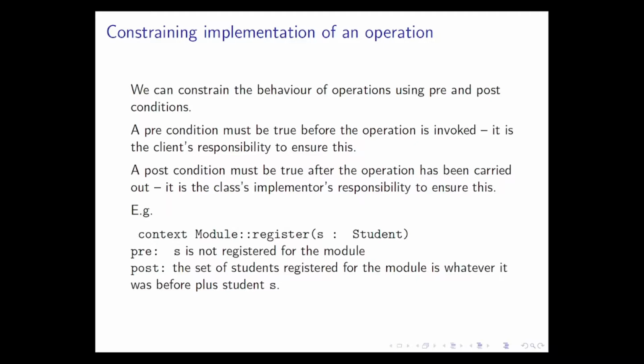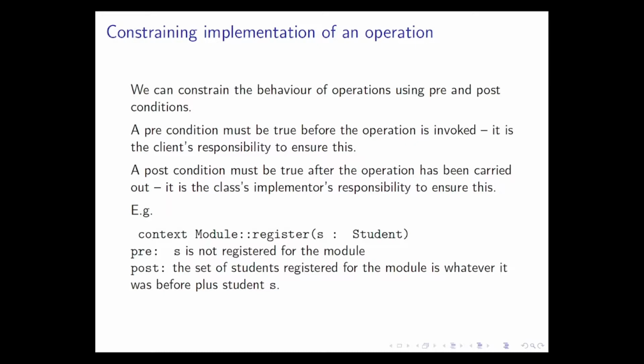Now the key difference between that and what we've got here is that if we just said S is registered for the module, then a register operation which threw away all students who are currently registered for the module and returned you a situation in which only S was registered for the module would then meet the contract. Which is probably not what you want, so that's why we've got a contract here which is expressing something a bit more stringent.